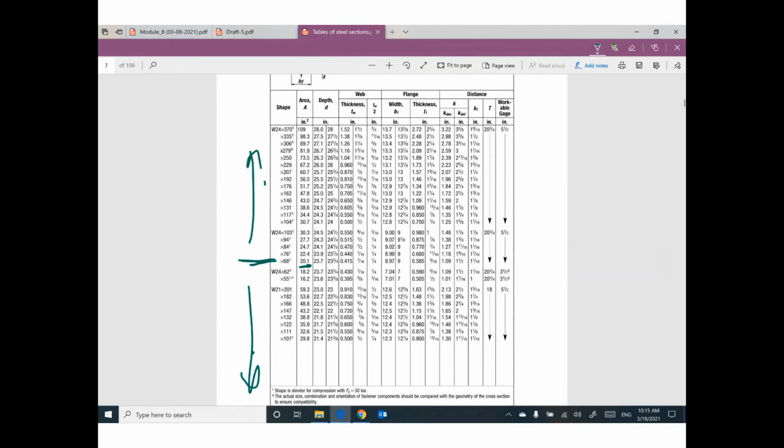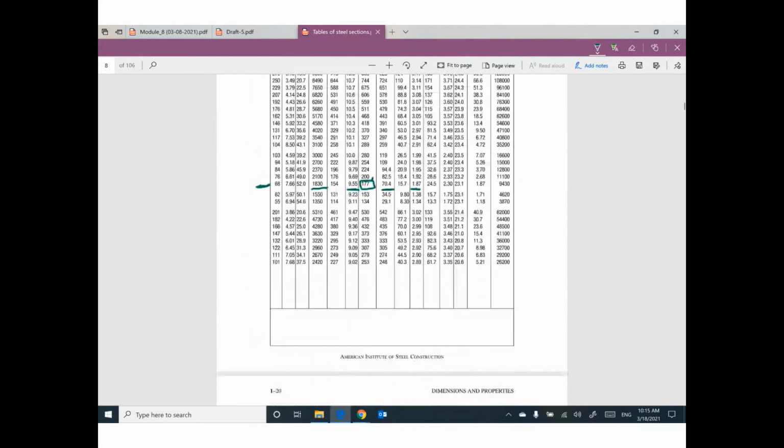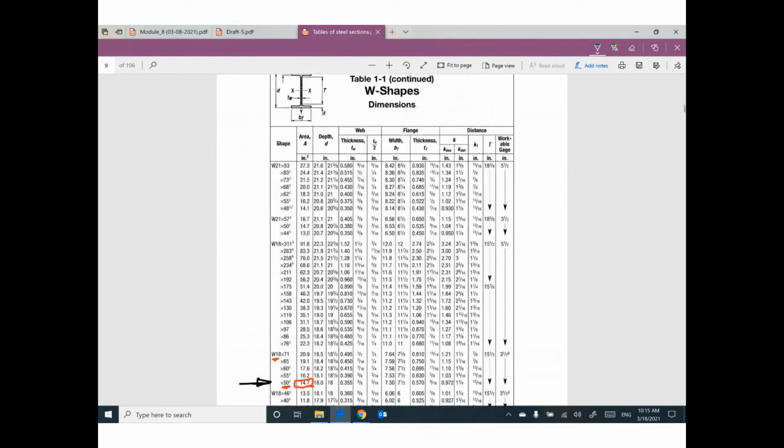I believe you need to go down. So if you would like to reduce the cross section from W24, probably you can go for W21. We have W21 times 48, for example. You can try it.